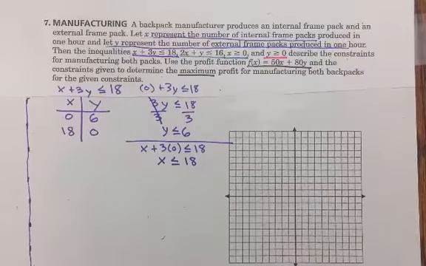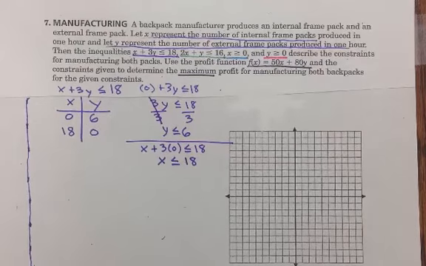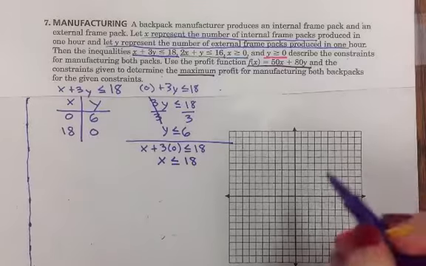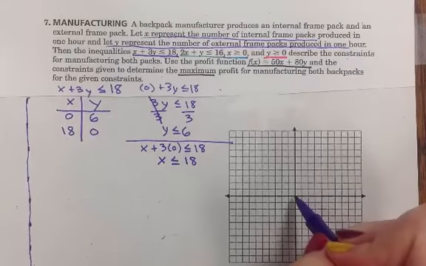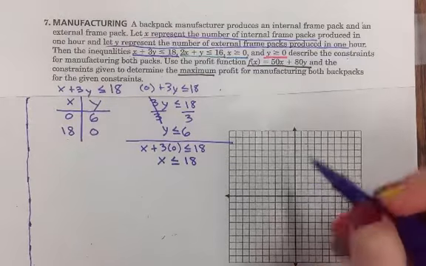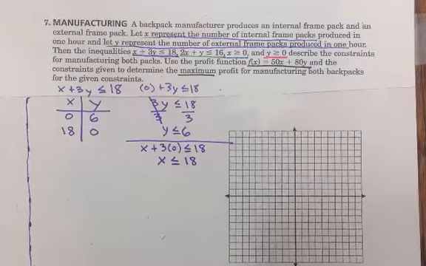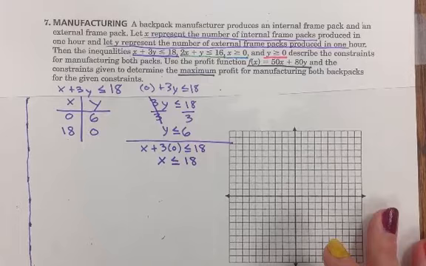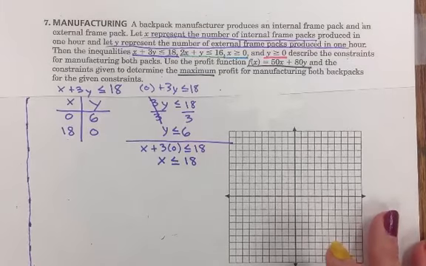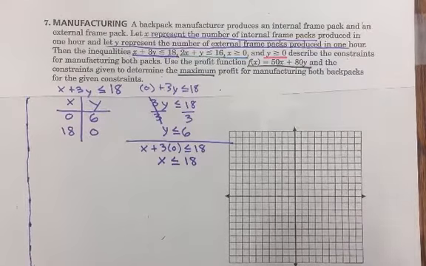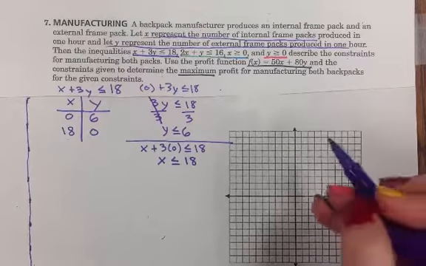Now we have 2 points that we can graph onto our coordinate grid so that we can draw in our line. So (0, 6), we have to go across 0 and up 6. So 1, 2, 3, 4, 5, 6. But wait, we won't be able to fit 18 if we count by 1s, so we need to count by 2s on our x and y axis.